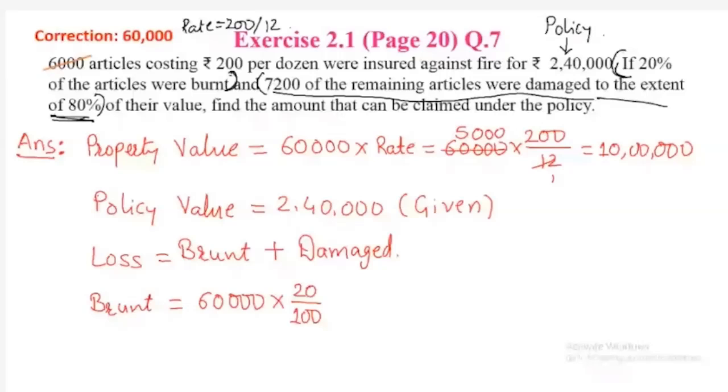If you do only this, you will get articles. So into rate, what is rate? Into rate, this is rate now. Rate कितना है? 200 upon 12. समझा क्या आप लोगों को? Is it clear?